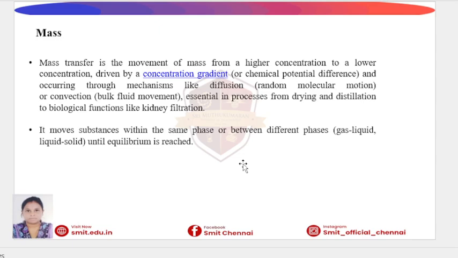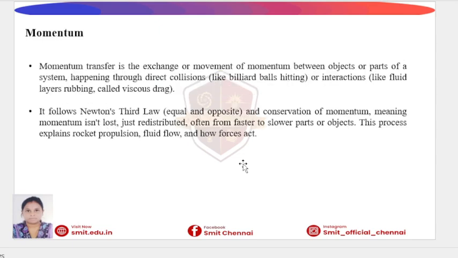Okay, next one is momentum. Momentum transfer is the exchange or movement of momentum between objects or parts of a system. It happens through direct collision, like billiard balls hitting, or interactions like fluid layers rubbing, called viscous drag. It follows Newton's third law, that for every action there is an equal and opposite reaction.